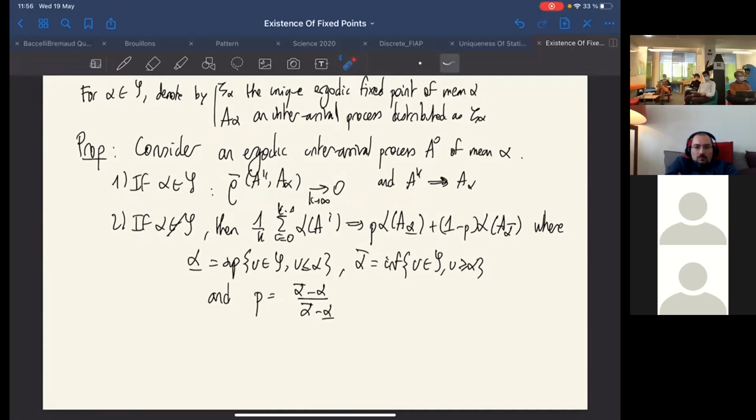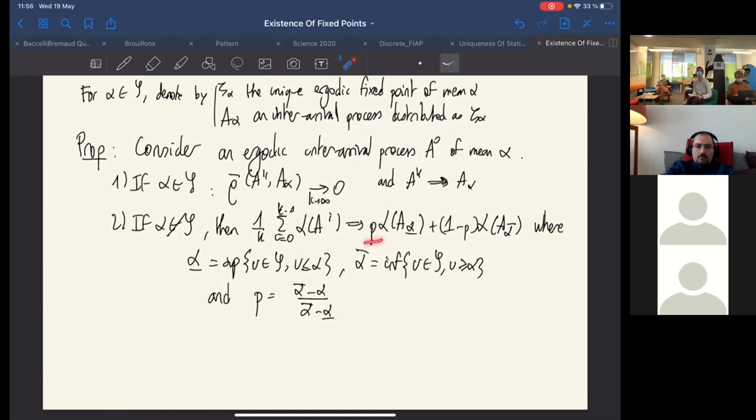And so if you're not in the set, which is what I quickly mentioned in the beginning, then the empirical mean of the laws of the inter-arrival processes at Q_i, taken over K queues, converges when K goes to infinity to a convex combination of the law of the greatest value in S which is less than alpha, and the law of the smallest value in S that is greater than alpha.